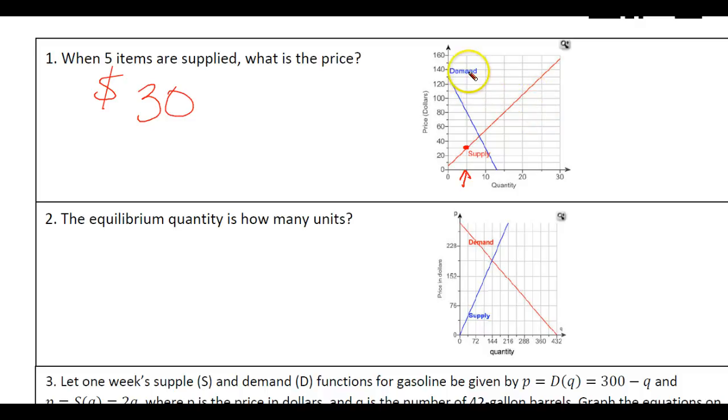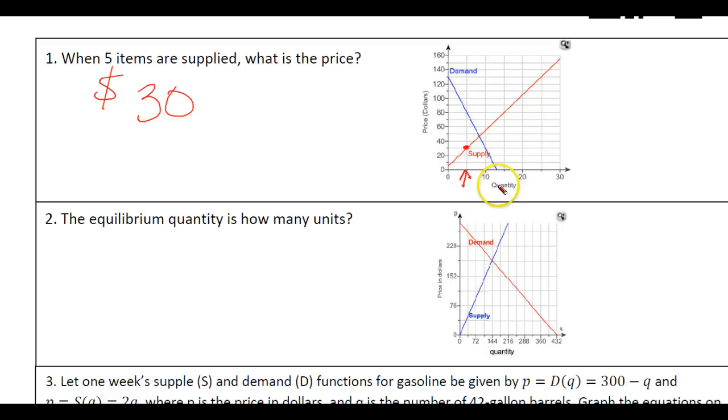And the background is that if you have strong demand and your supply, there is a point where you kind of seek what would be a reasonable price for something. And that would be an equilibrium point where the lines intersect. But here they're only asking, when 5 items are supplied, what would be the price?